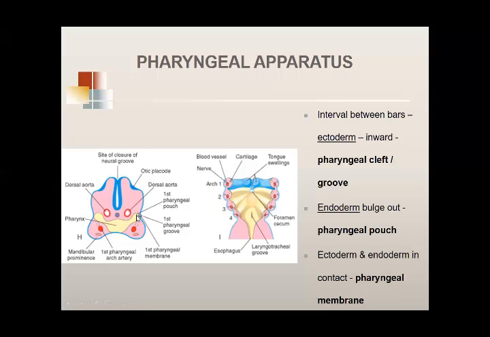So when the endoderm of the pouch, I repeat, when the endoderm of the pouch and the ectoderm of the pharyngeal groove come in contact with each other with very little mesenchyme in between, this structure that is formed is called pharyngeal membrane.